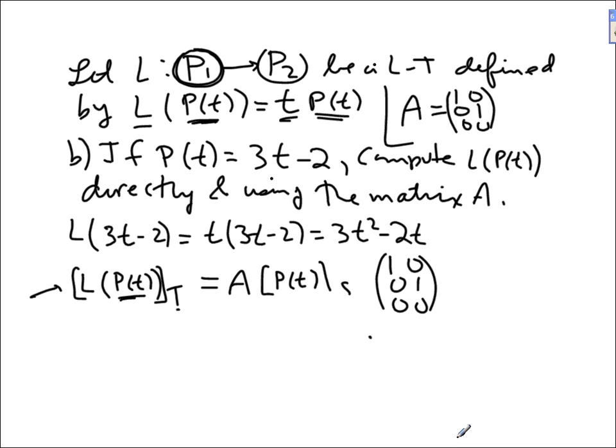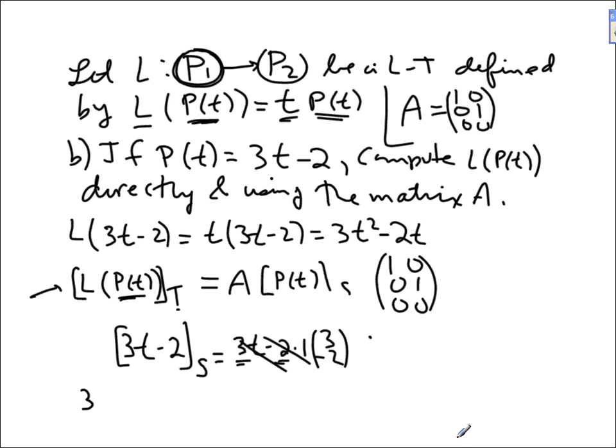Now, what is the coordinates of P of t with respect to S? Well, this is P of t, and I want to know the coordinates with respect to S. Well, isn't it 3 times t minus 2 times 1? Isn't it just 3, negative 2?